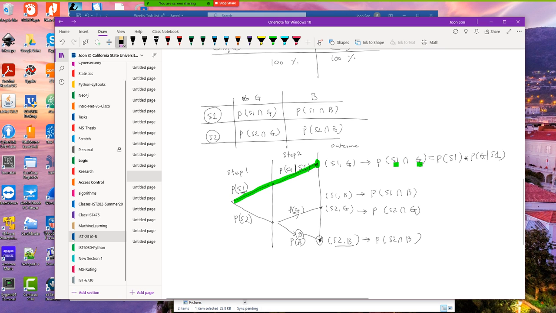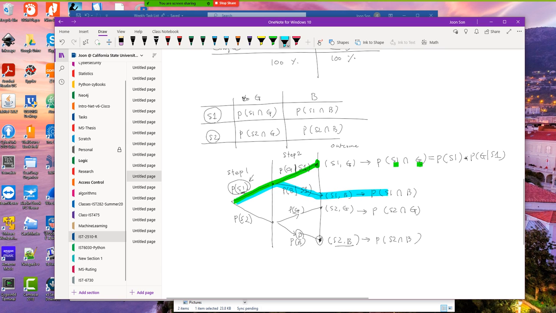It's not just PB. This one is what? The probability that it's bad given S1, since that has to take place first, right? So to find this probability that it's S1 and B, you have to adjust this.